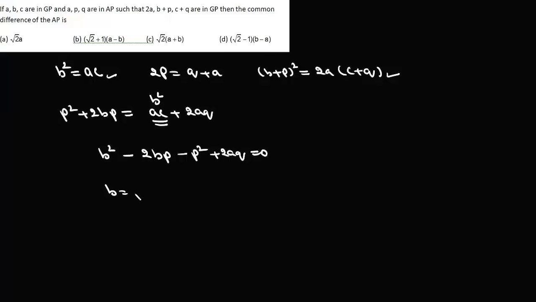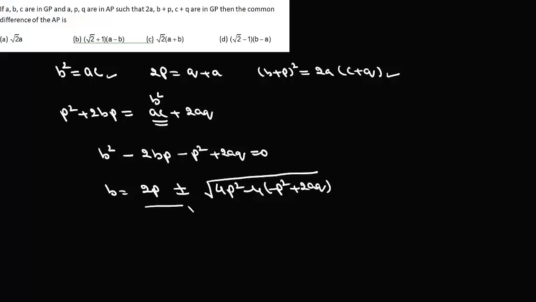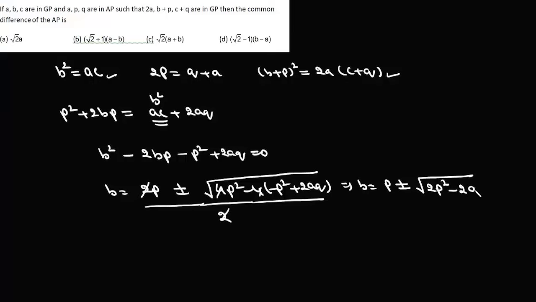Now from here we can write B as 2P plus minus under root of 4P square minus 4 into minus P square plus 2AQ, whole divided by 2. We'll cancel this 2. So we'll get B as P plus minus under root of 2P square minus 2AQ.